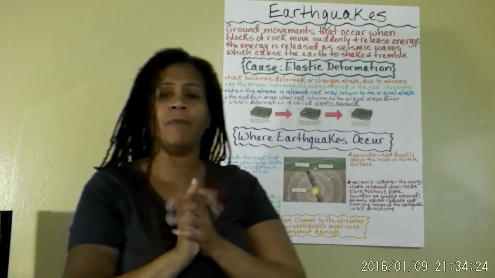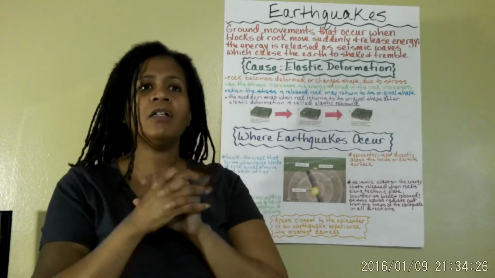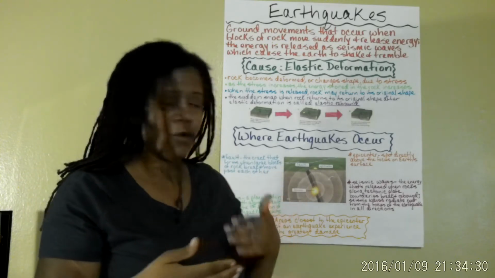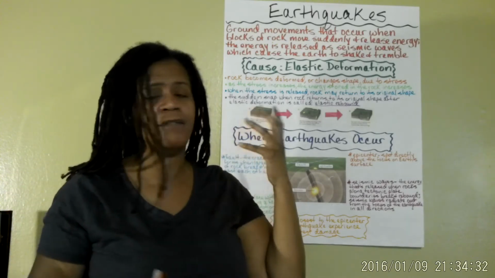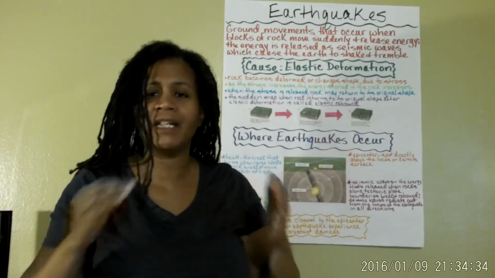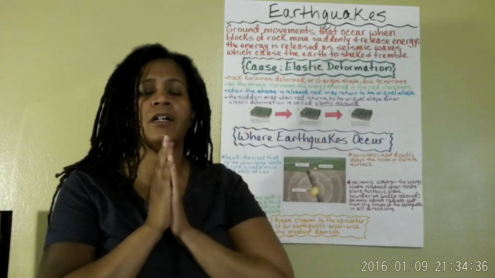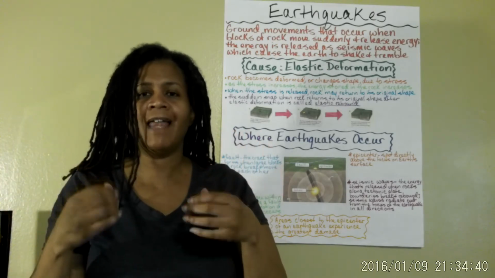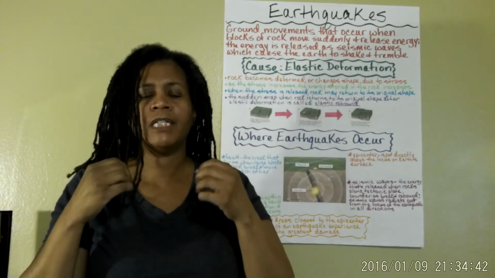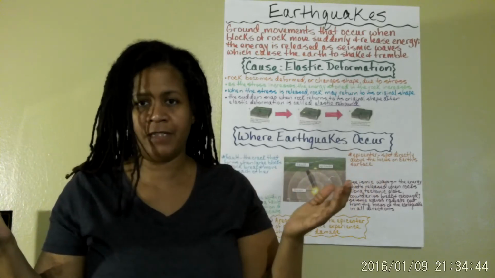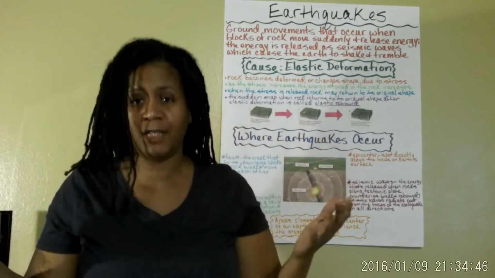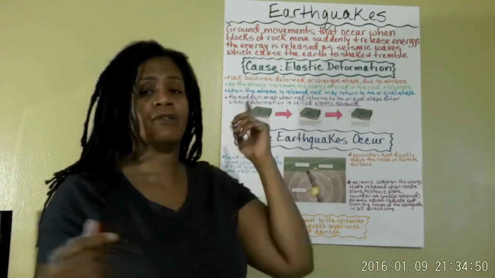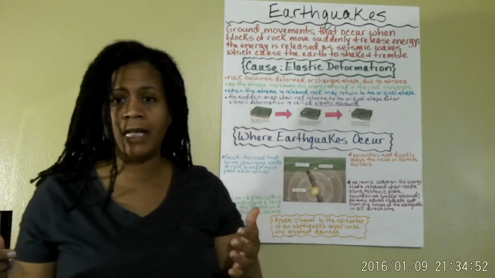But remember, all of this occurs, tectonic plate movement, earthquakes, volcanoes, the formation of mountains, rock movement, all of that occurs because of stress and a buildup of energy, and then the need to release that energy. And it's the release of energy that causes rock movement and causes earthquakes and volcanoes, okay?